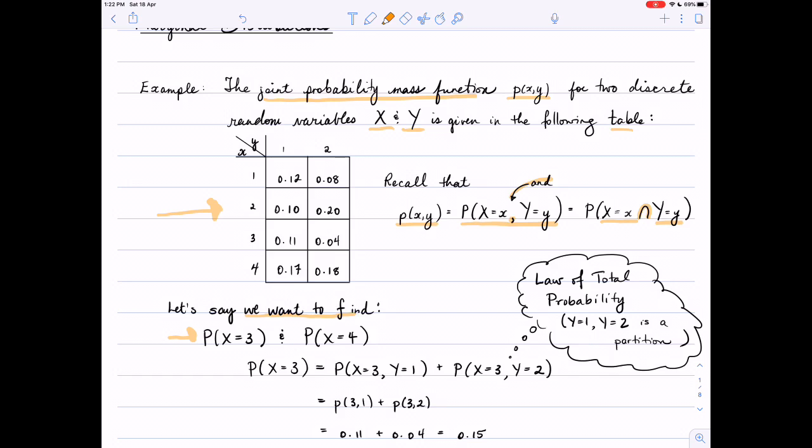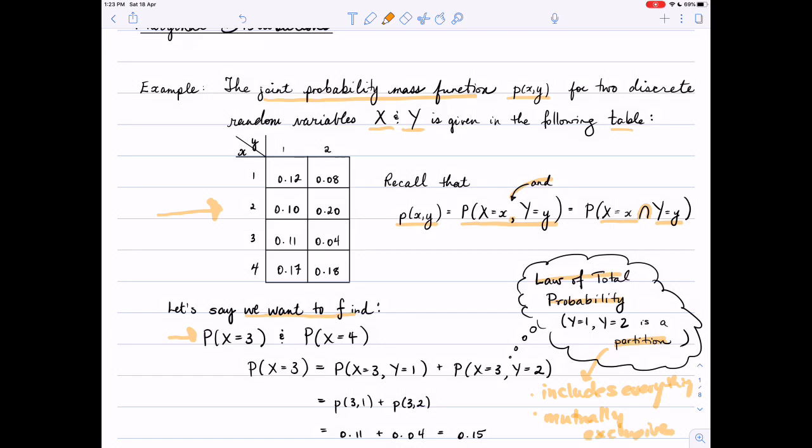Well, we're going to apply the law of total probability. The law of total probability says if you have a partition, so we have to remember what a partition is. A partition divides the sample space without missing anything. So it includes everything, but also in a very specific way. It includes everything so that there is no overlap, so that we have events which are mutually exclusive or disjoint.